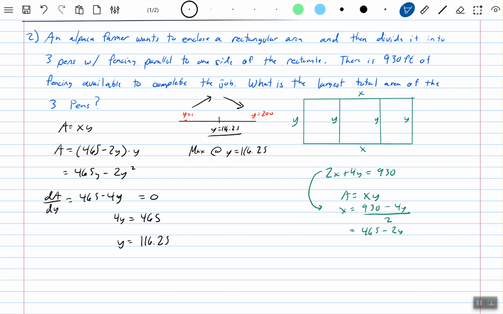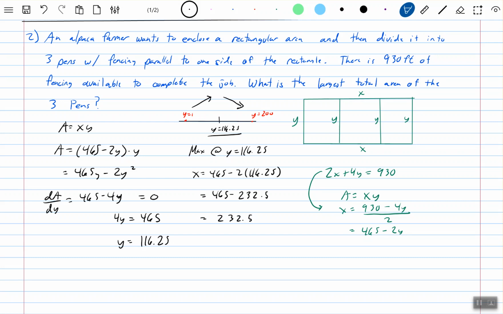Alrighty, but what does it tell us about x? Well, we actually have a relationship between y and x. So what we're going to do is take this y value and plug it into here and then solve for x. So that tells us x is equal to 465 minus 2 times 116.25, which is equal to 465 minus 232.5, which is equal to 232.5.